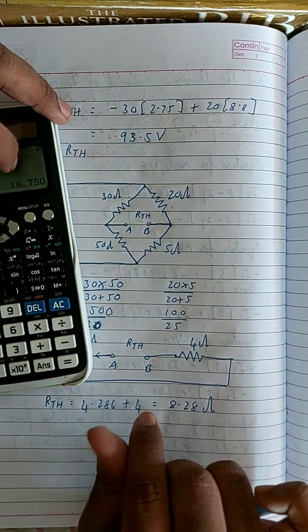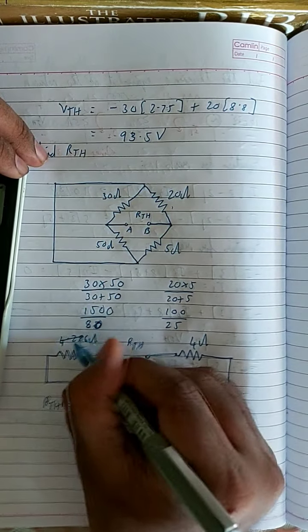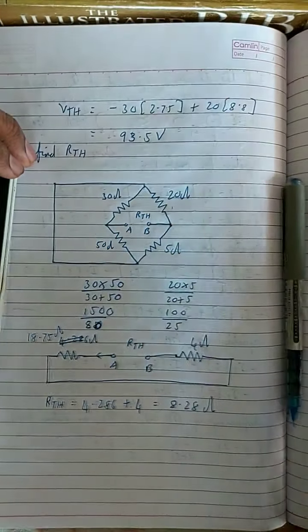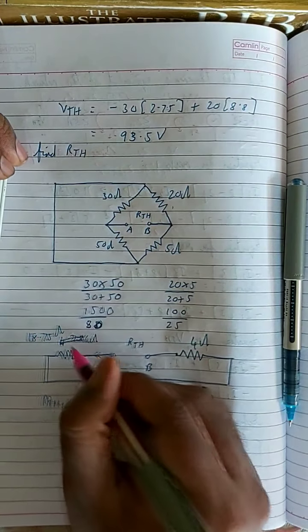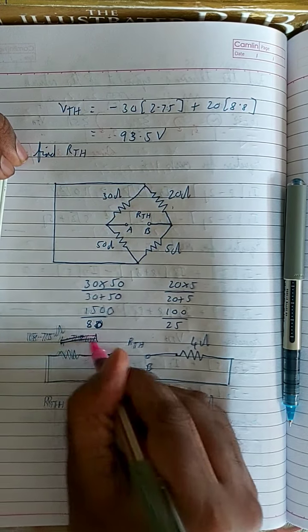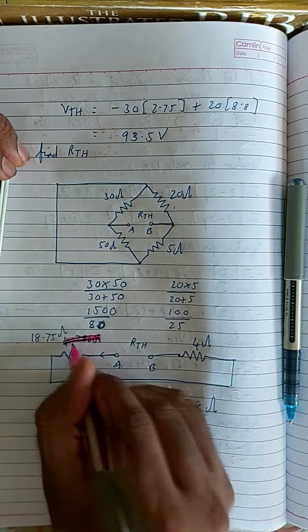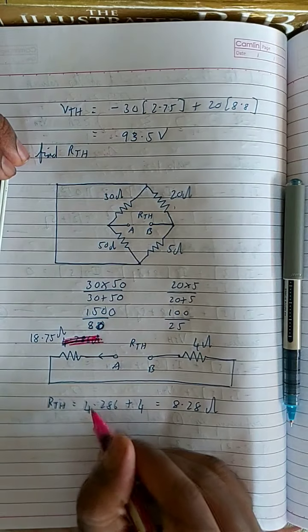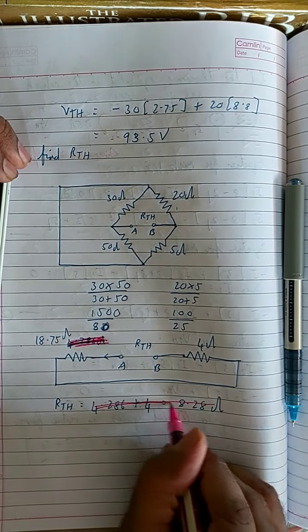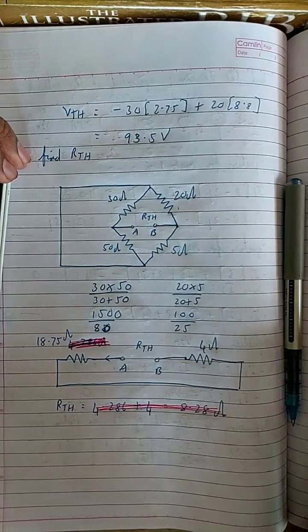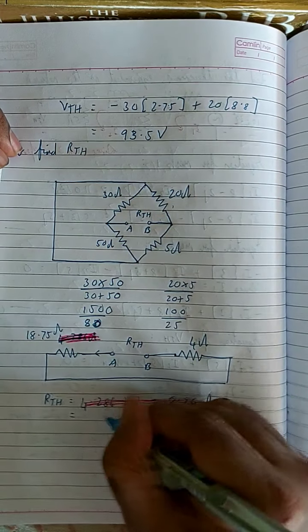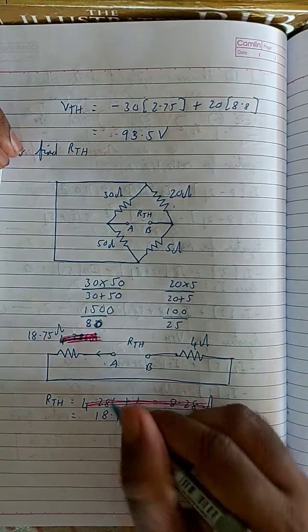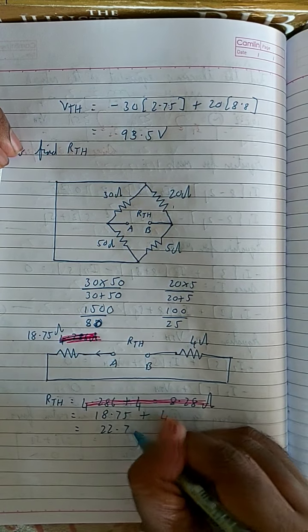We have 18.75 ohms. Let me change it. It is 18.75 ohm and this is 4 ohm, which means your answer is 18.75 plus 4, which is equal to 22.75 ohms.